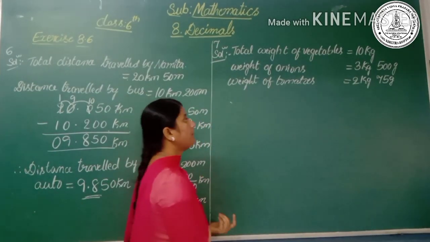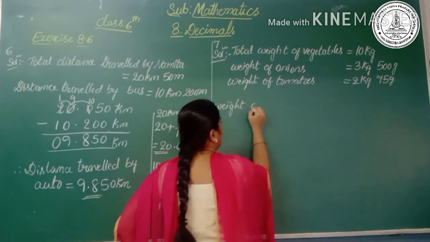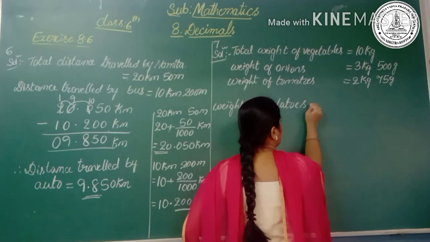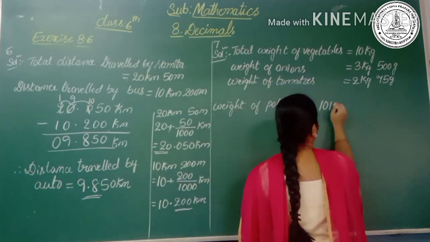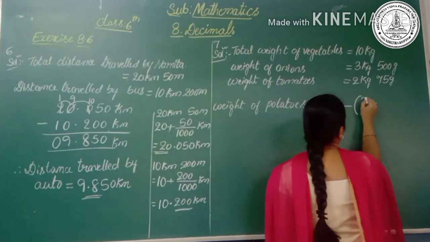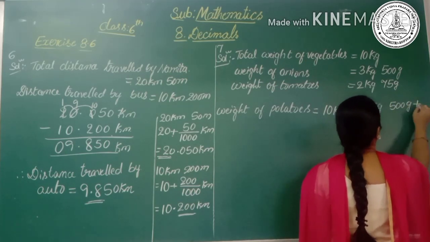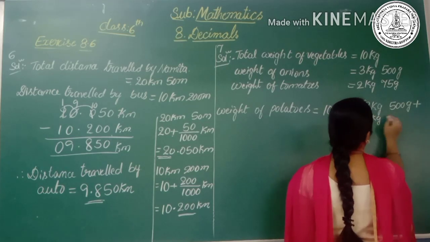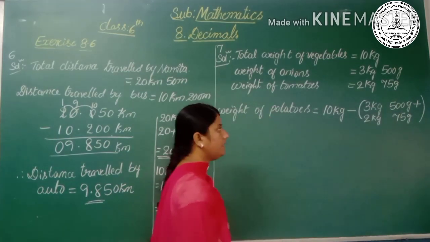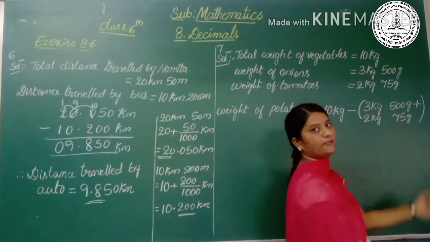So write down here: weight of potatoes is equal to 10 kg minus, keep the bracket, and add these two weights, 3 kg 500 grams plus 2 kg 75 grams. We can add easily: 2 plus 3 is 5 kg, and 500 plus 75 is 575 grams.